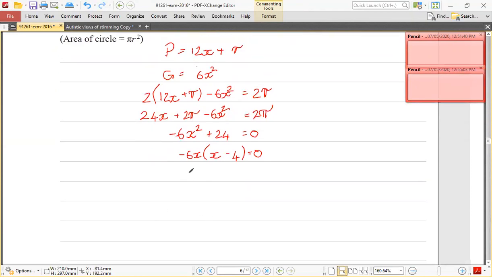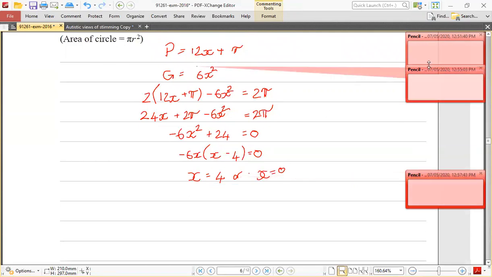So x is going to equal, what does x equal? 4, or 0. That doesn't make much sense, does it?